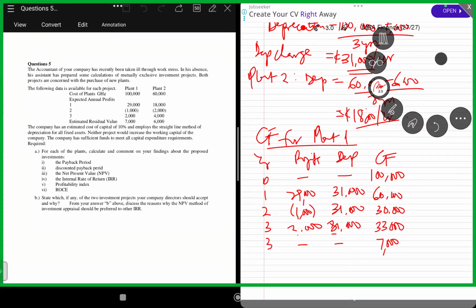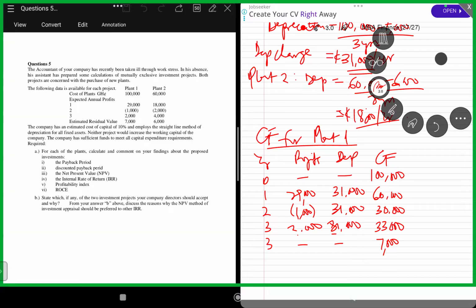So you bought this for 100,000 in 2020. By the time of 2025, when your vehicle got an accident, then on December 31st you said, okay, I've used this vehicle for this fifth year, 2025. Let me sell it off. Then you sold the vehicle which you bought for 100,000 at the end of year five for 7,000.